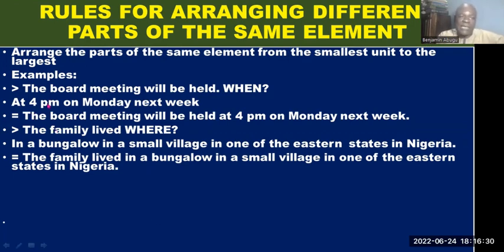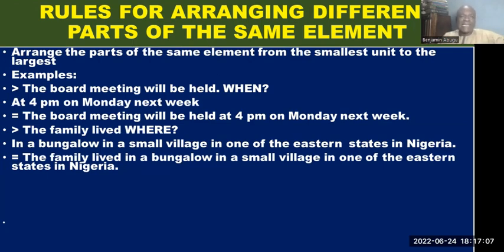We start from the smallest: at 4 p.m. The smallest unit among these three is 4 p.m. On Monday, 4 p.m. represents time, Monday represents the day, next week represents the week. So you have time of the day, day of the week, and week. So we begin from the smallest. If we put this together, what we have is: the board meeting will be held at 4 p.m. on Monday next week, all right?